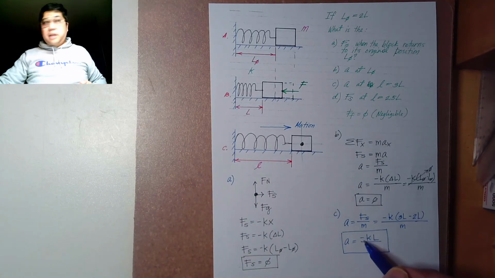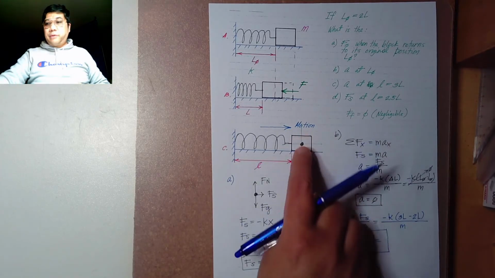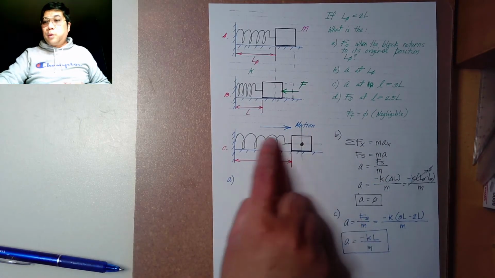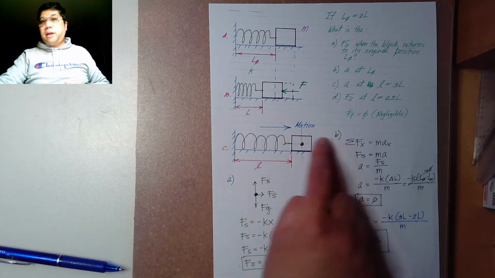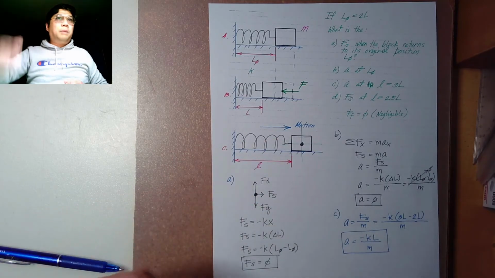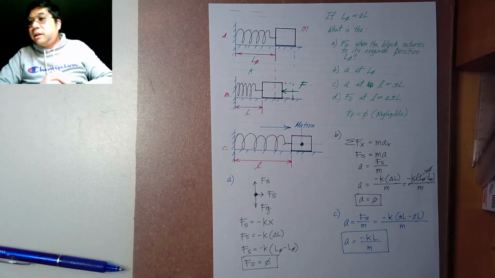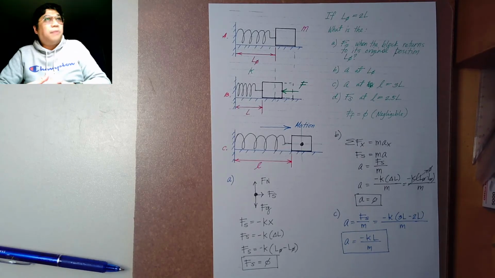So that's why the acceleration is negative, because now it's going to start to move in the opposite direction, as we all know about spring. Once you let go of the spring, it will go right, left, right, left, or if it's hanging, it will go up and down until an external force acts on the object and stops that motion.